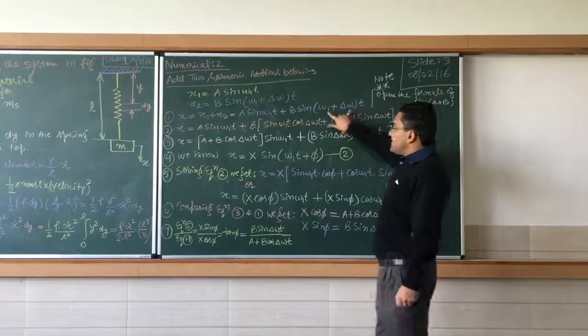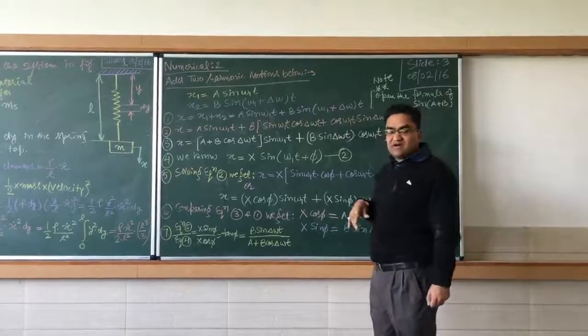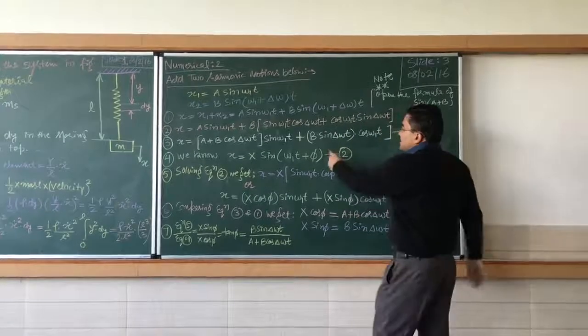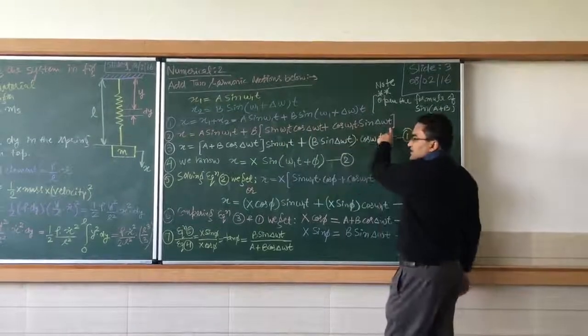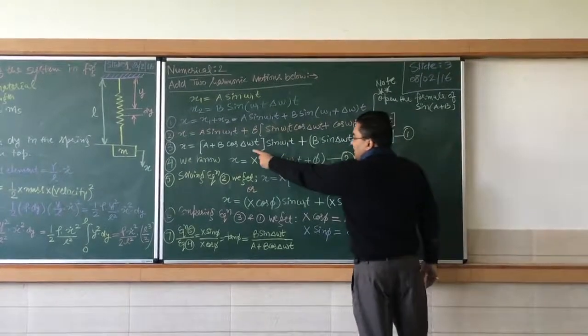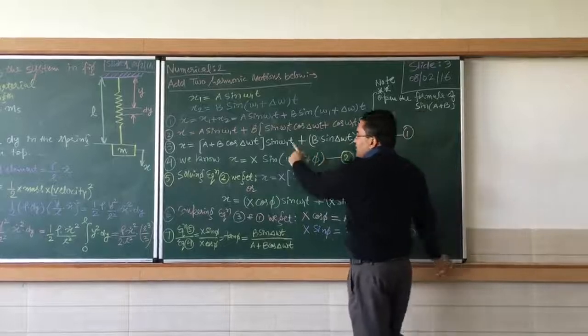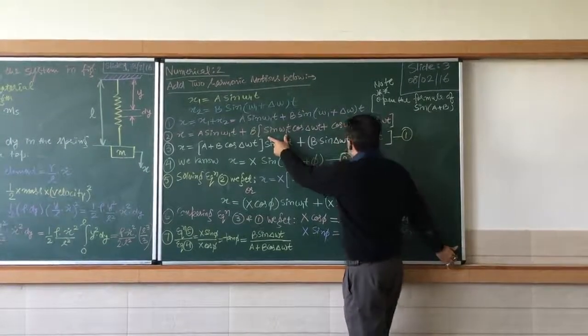So the formula of sin of a plus b is sin a cos b plus cos a sin b. So this I have written.